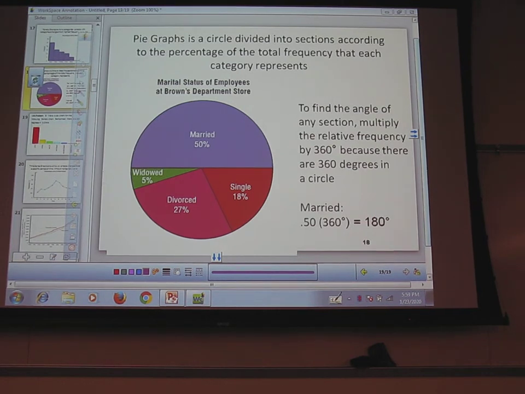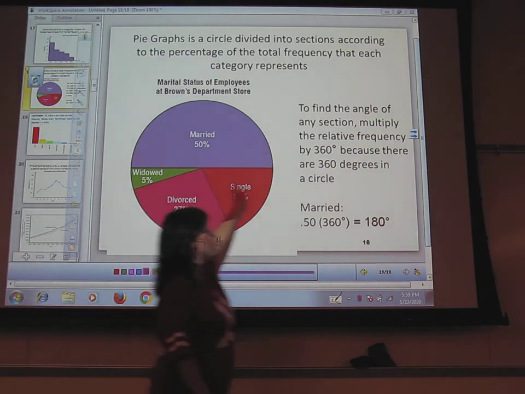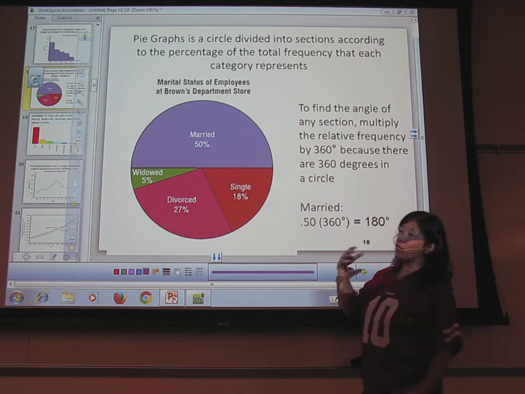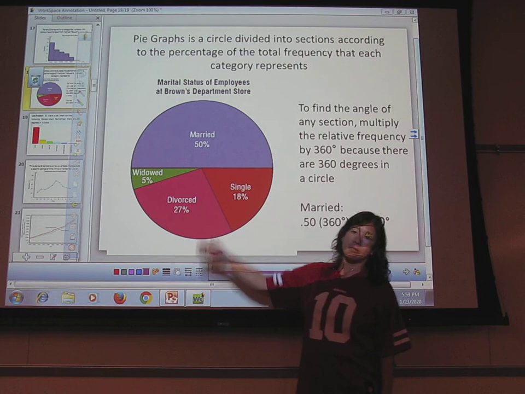Pie charts, we talked about that last time. We talked about how the whole circle is 360 degrees, yes? Did I really not talk to you guys about that? I think he just skimmed over it at the end. Okay, so a pie chart is where the whole circle is 360 degrees, and the area that each section, each category represents, is found by the percentage that each category has being the percentage of the pie that it gets.